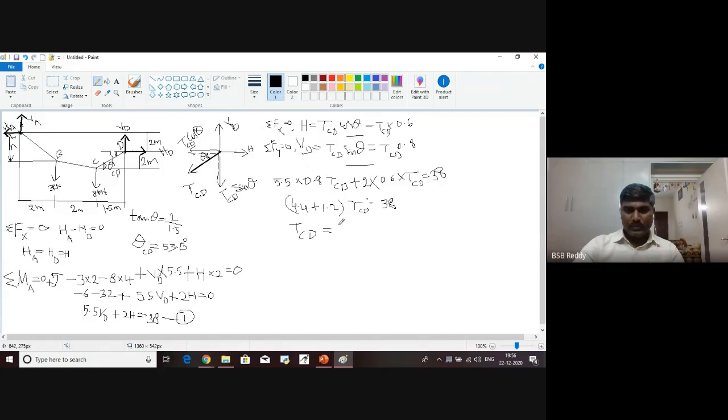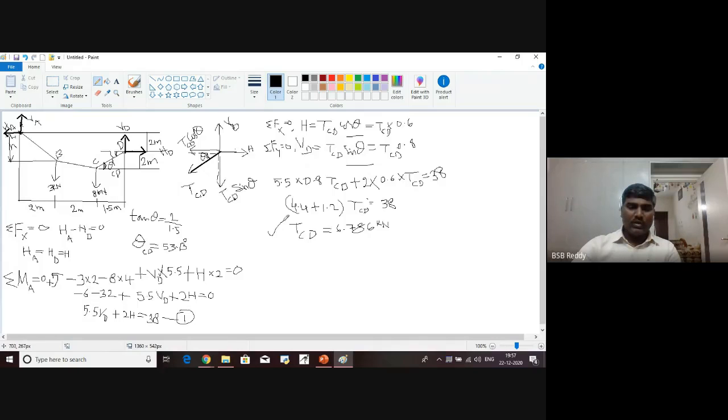6.786. It is 6.7857. I have rounded off to 3 decimal places because it is in kilonewtons. So you must maintain 3 decimal places. Right. So that is TCD value.